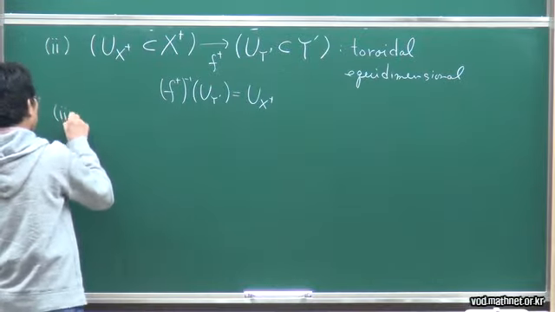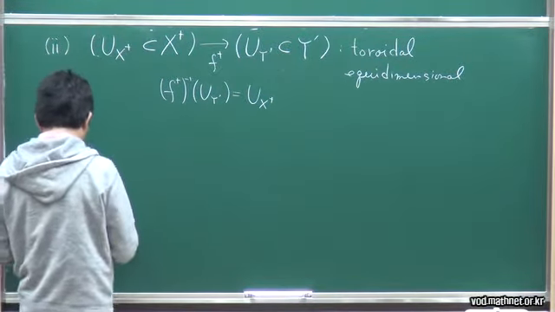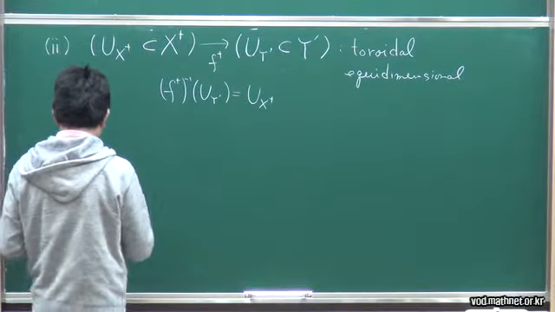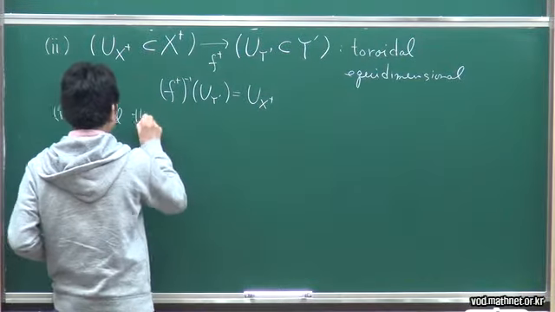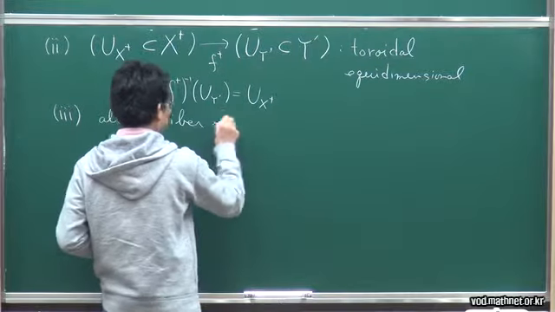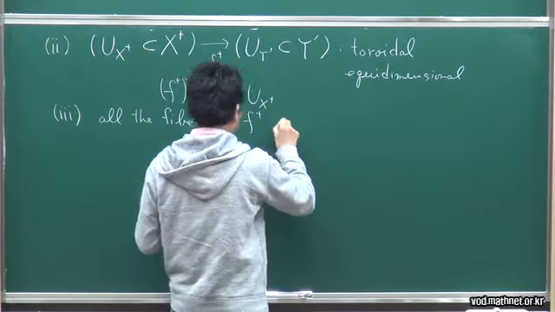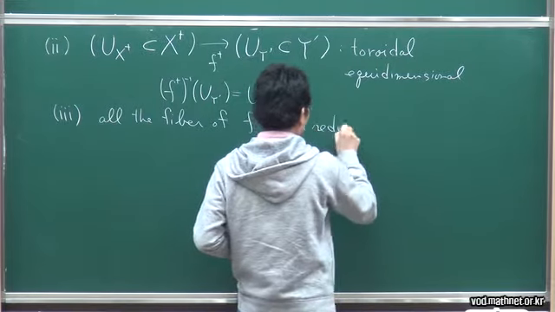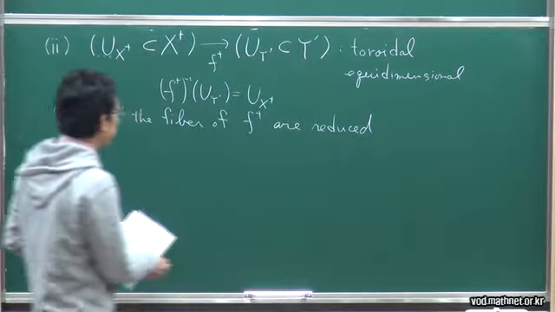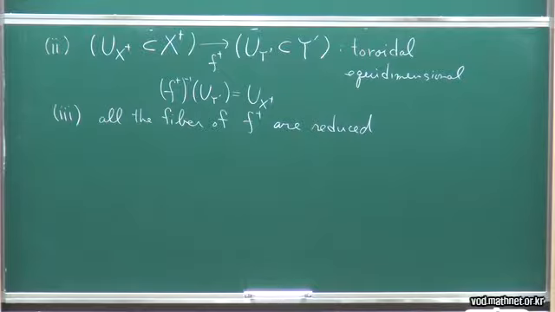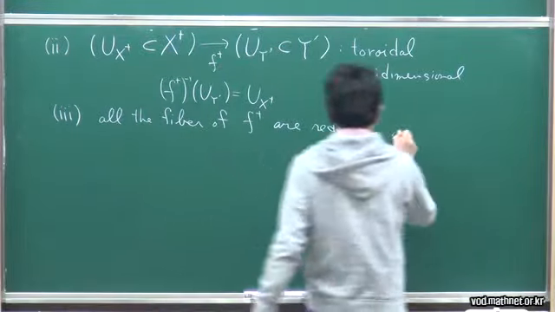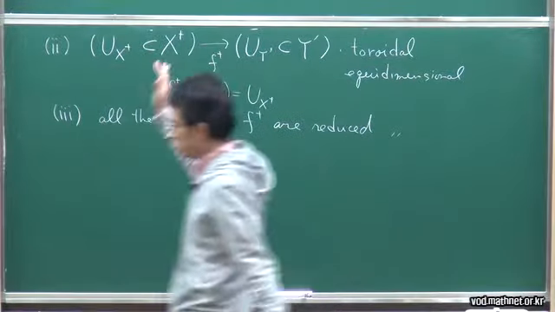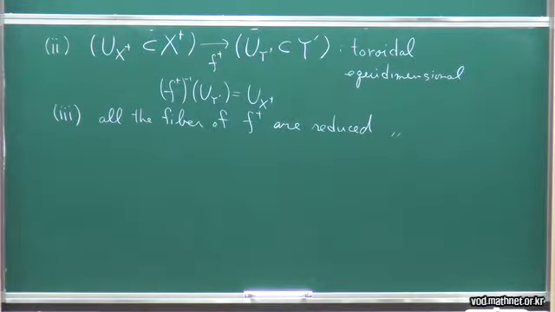Final condition. This is a very important condition. All the fibers of f dagger are reduced. Abramovich and Karu construct such a model and call it a semi-stable reduction of this morphism. This is a kind of generalization of the classical semi-stable reduction theorem.